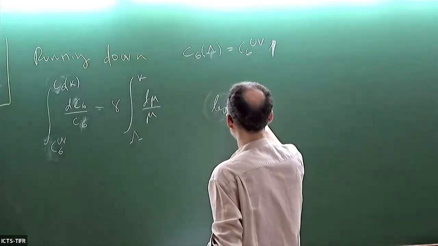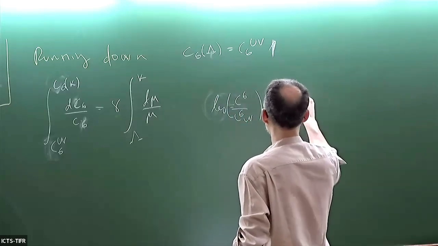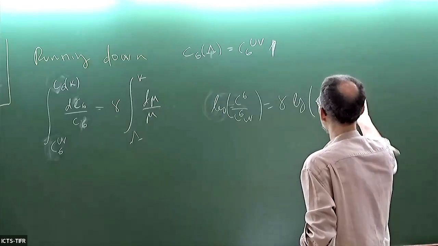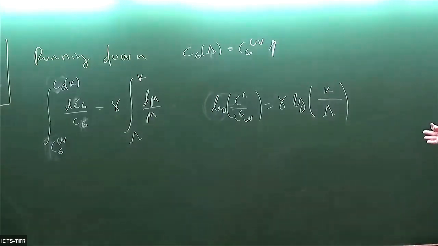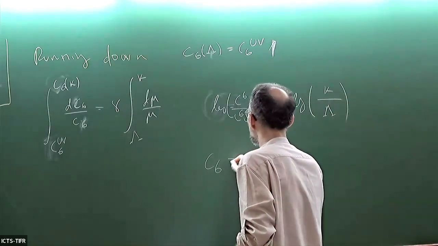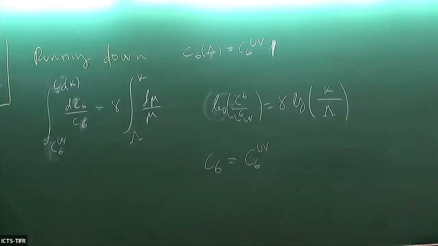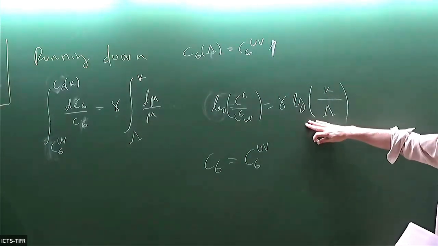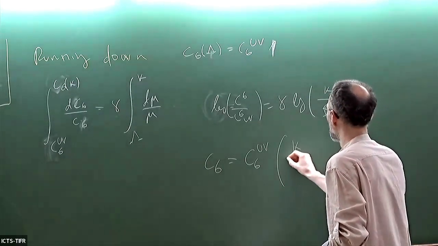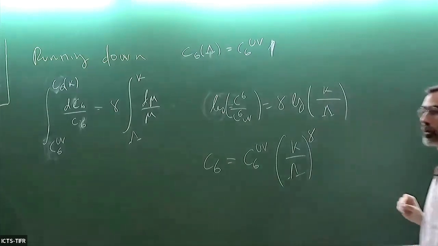Log of C6 over C6 UV is gamma log of K over lambda. Now I exponentiate on both sides, and I get C6 is C6 UV, and the exponential of this with that gamma will just give me K over lambda to the power gamma.